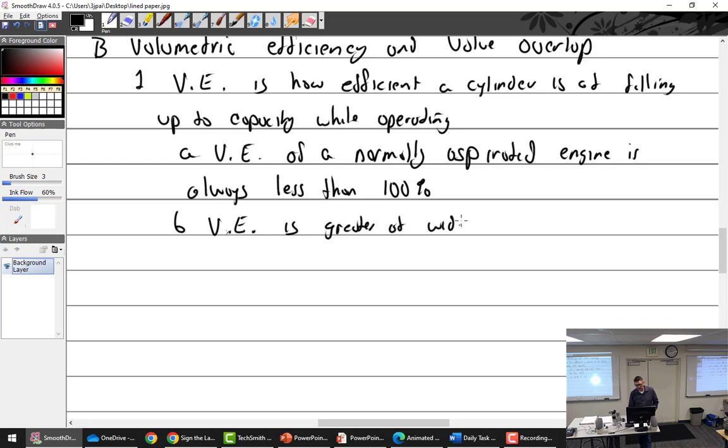at wide open throttle, because the throttle is open. You have less restrictions.